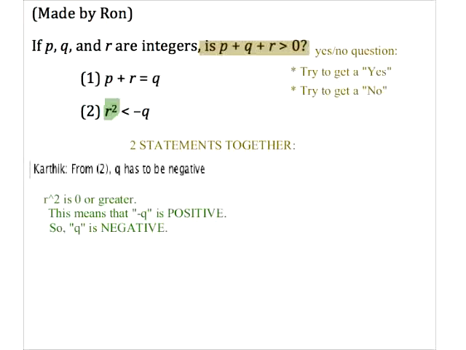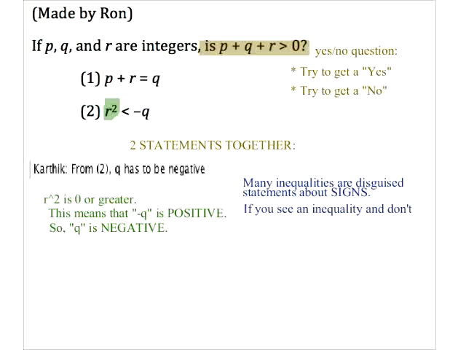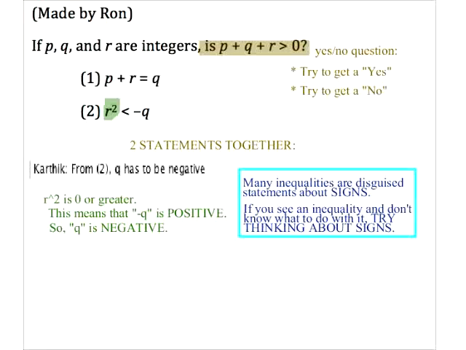And so the actionable takeaway is that you should think about signs if you are at a loss as to how to interpret an inequality. If you see an inequality and just don't know what to do with it, then try thinking about signs. That won't necessarily get you everywhere that you need to get. In the last problem, for example, that's not going to really get you places. But here it will. So Q is a negative number.